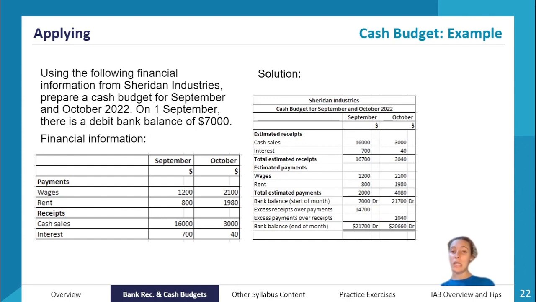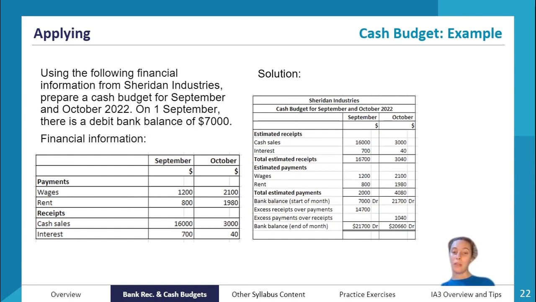You can see it's just an exact reflection of that financial information we were given. 16,700 for September, 3,040 for October. Then we add those figures up to get our total estimated receipts figure, before then having our new heading for estimated payments. And again, just taking that information directly from what we were given and having our total as well.